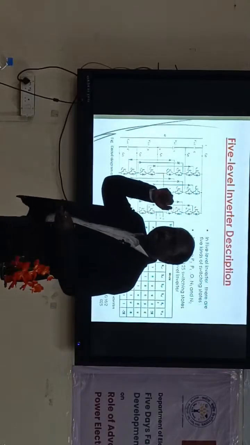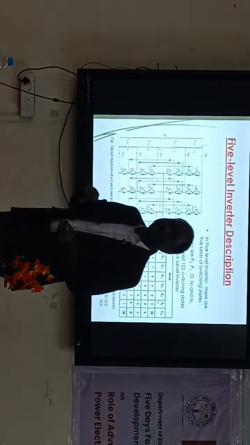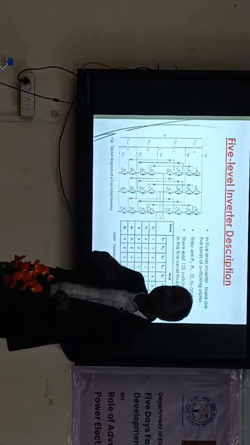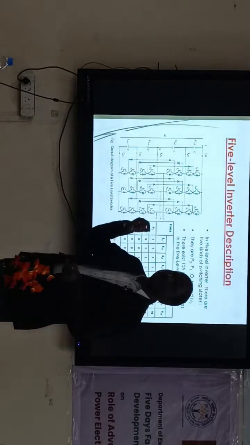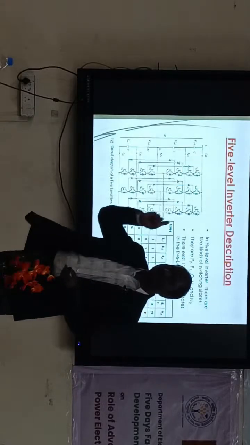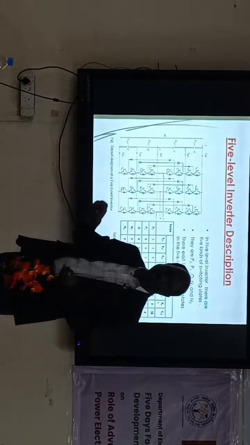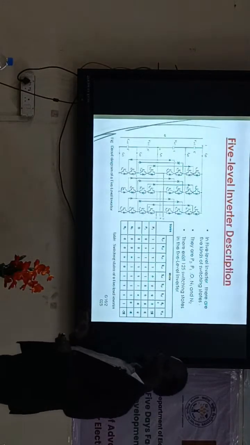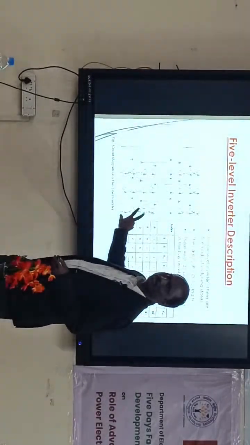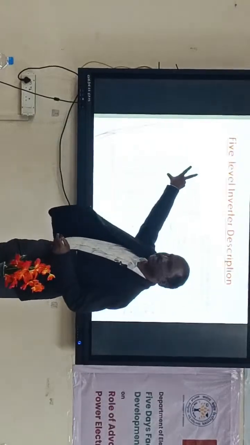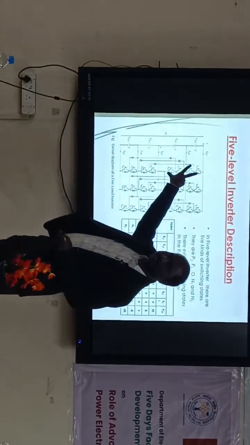2 level has only plus and minus. 3 level has P, O, N. But 5 level again has 5. How can you write those 5? We are giving a notation: P2 is all top, P1 is something, O is something, N1 is something, and N2 is all bottom. So all top, all bottom. What's the voltage? All top means 2E.